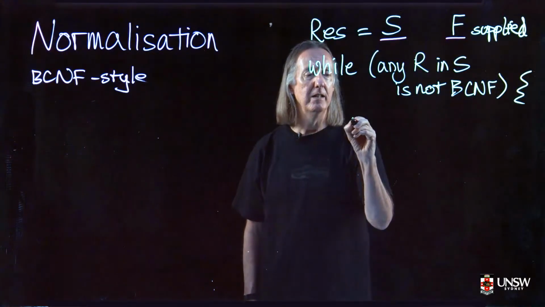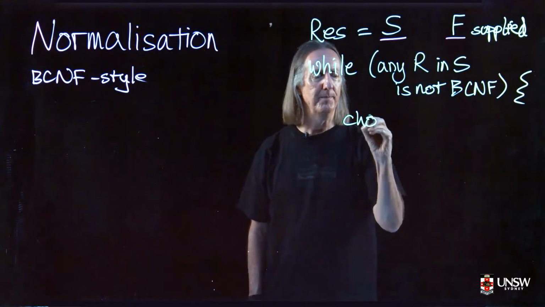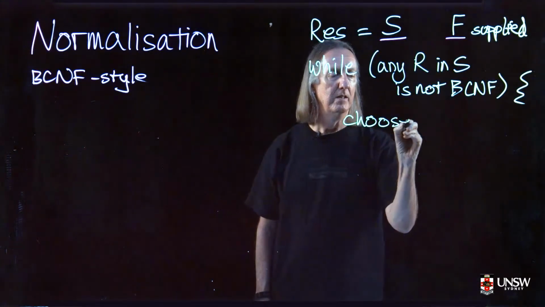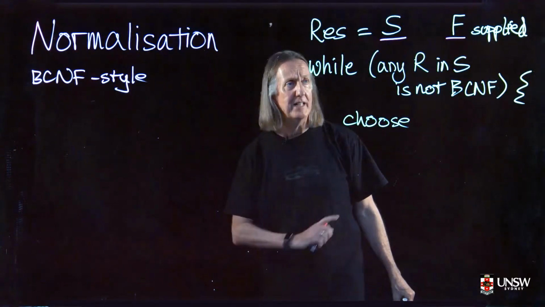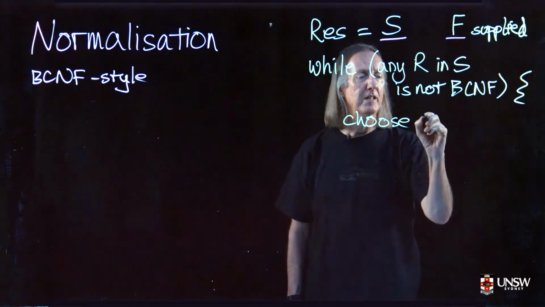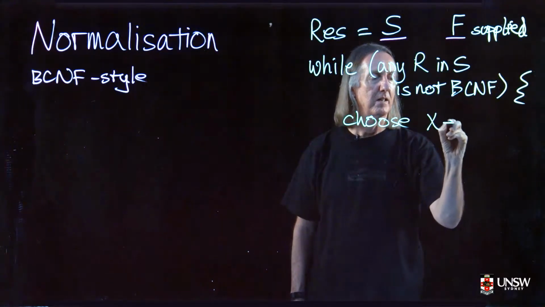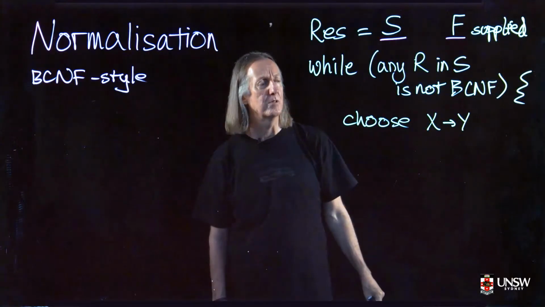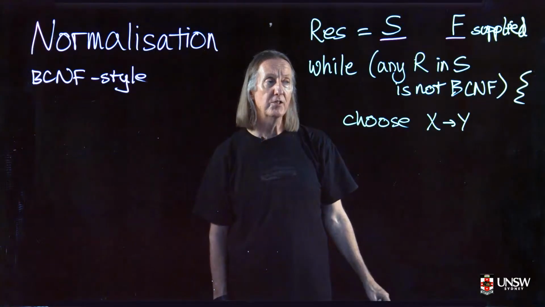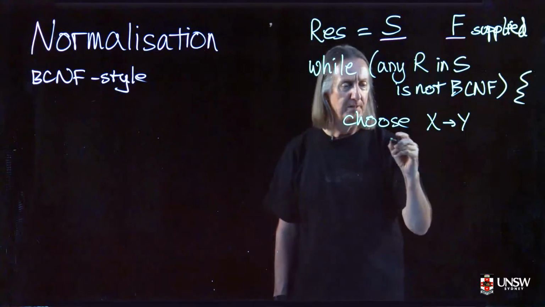So here we choose some functional dependency from our set F that causes some table in the schema to not be in BCNF.